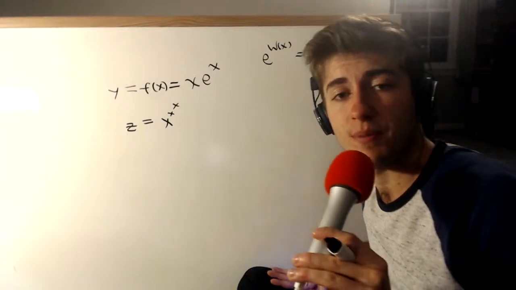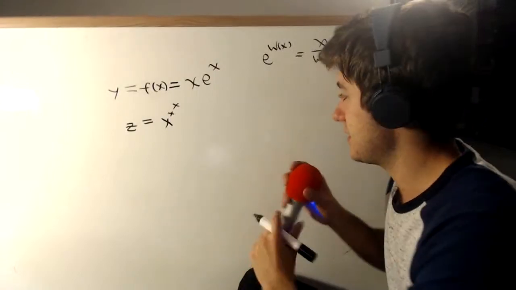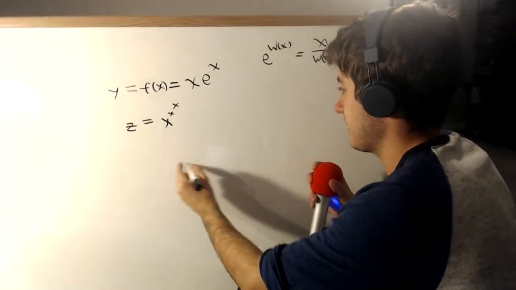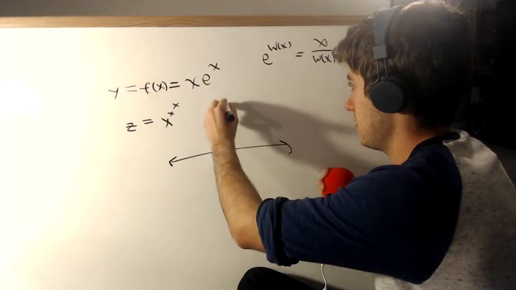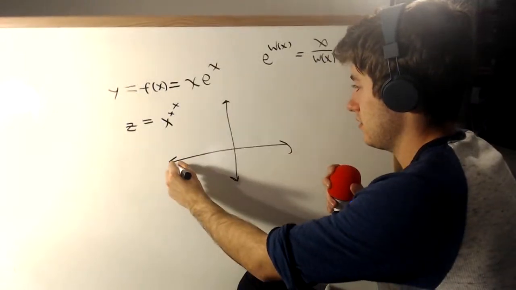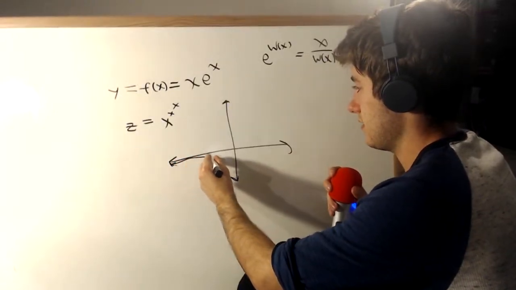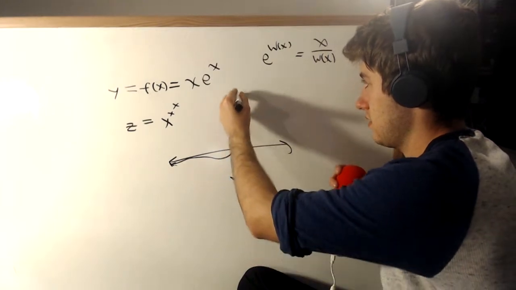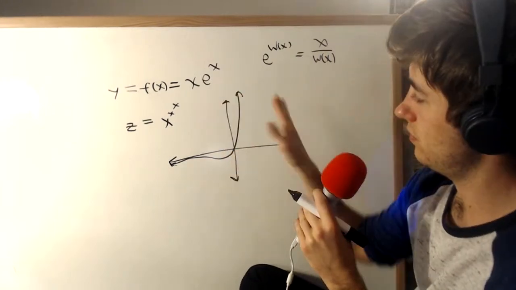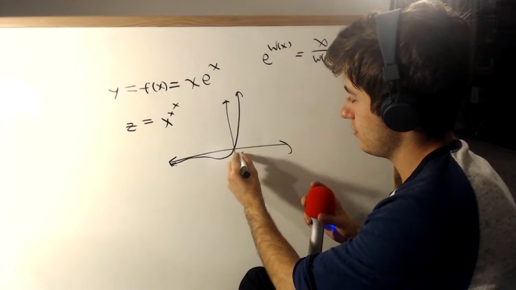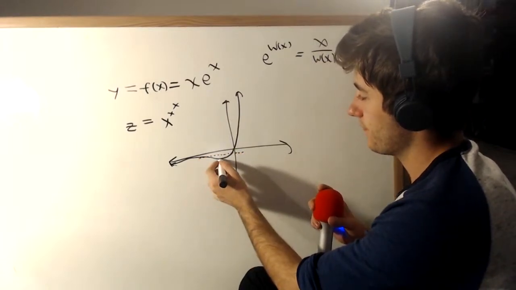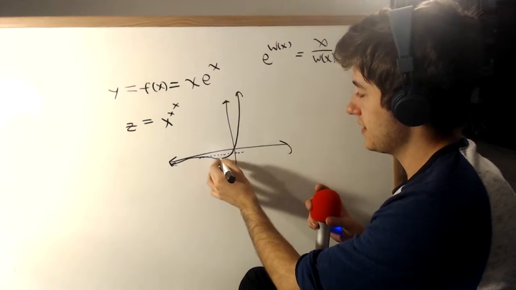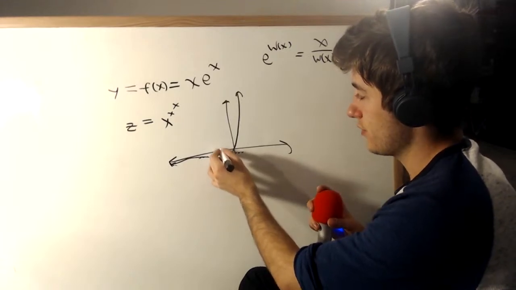Yes, there is a part of the domain that does have 2 answers, because this function right here looks sort of like this. So this is the x-axis. This is the y-axis. This function right here looks sort of like this. So when you invert it, you end up with, because it fails the horizontal line test for everything. So this is negative 1 over e in the y direction.